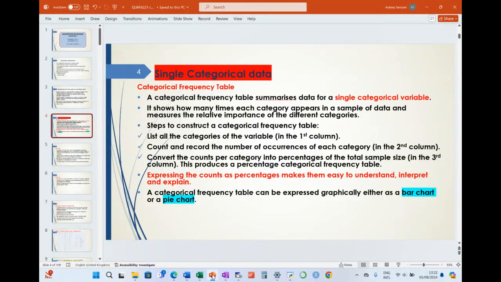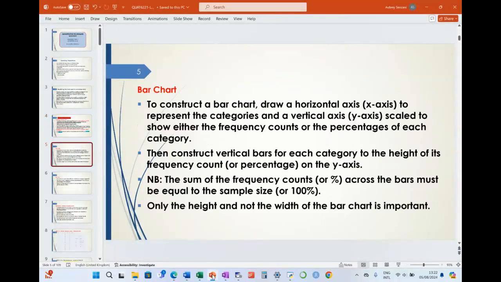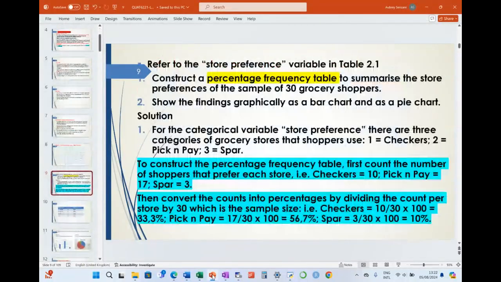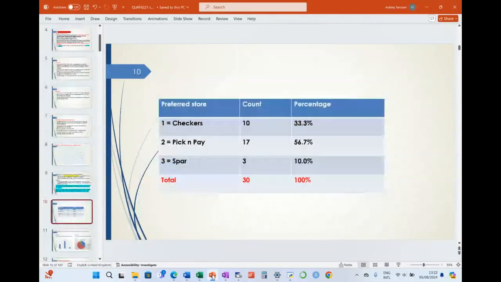So if you've ever looked at a bar chart, you know that bar chart and a pie chart, you're looking at non-numeric information. A few slides down, we'll have a look at what we are talking about. So right here, they've obviously put together our information. And here they were looking at preferences in terms of your grocery stores.